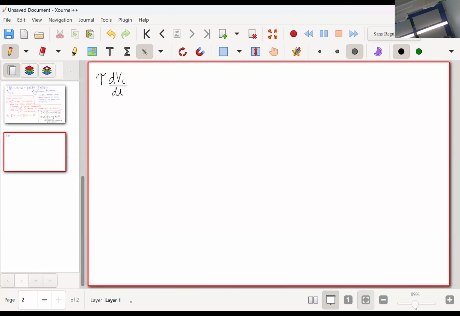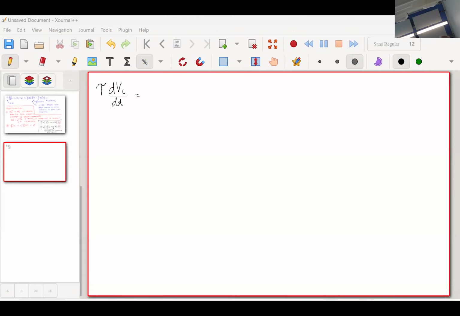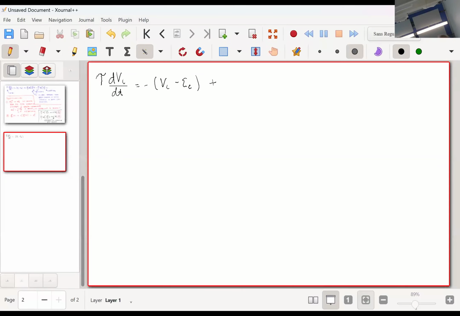We'll think of this as some test neuron sitting somewhere in the network. It equals minus Vi minus E leak, plus, things are much simpler now, K W_E nu_E minus W_I nu_I. And we'll assume now that the net firing rates are fixed, so this is just constant.